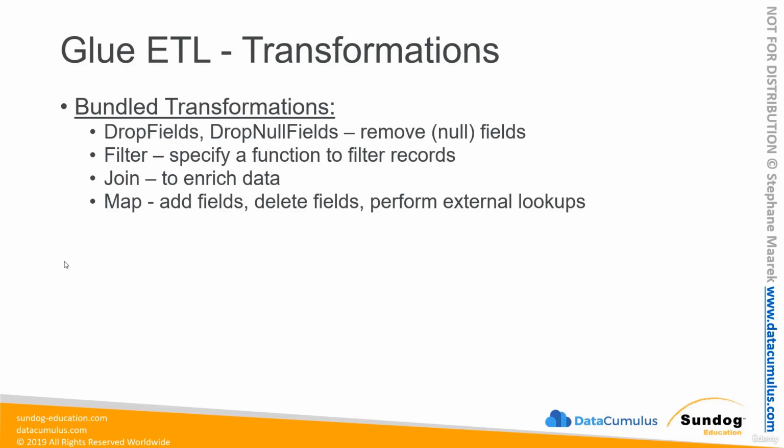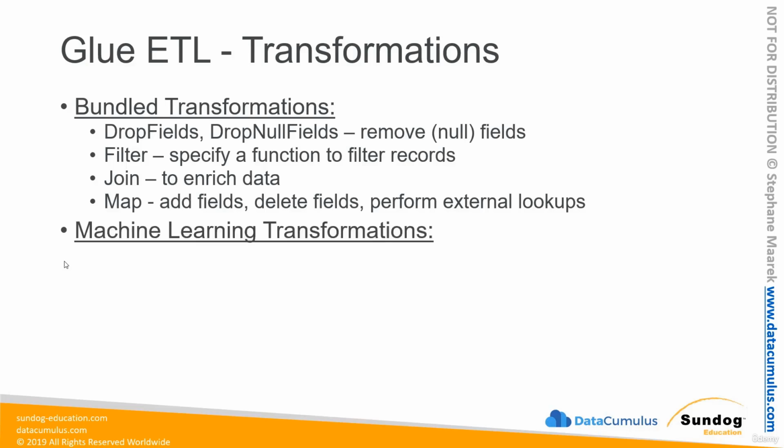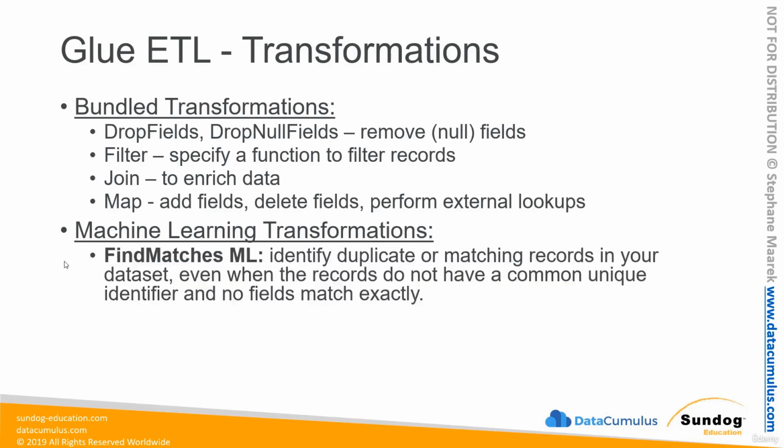There are also bundled machine learning transformations. That's pretty cool stuff. One that you'll probably see mentioned on the exam is the FindMatches ML transformation. Its purpose in life is to identify duplicate or matching records in your data set, even if those records do not have a common unique identifier and no fields match exactly.